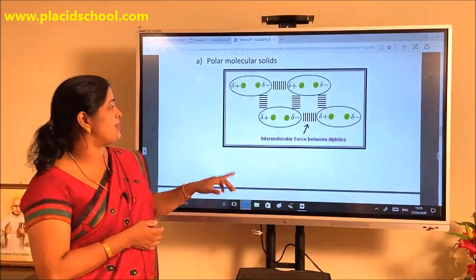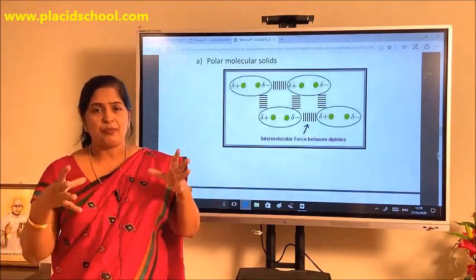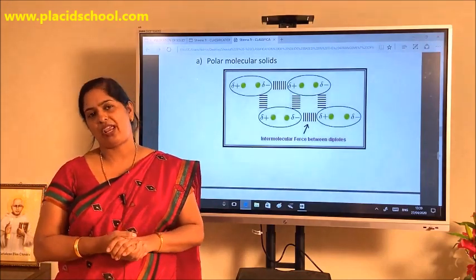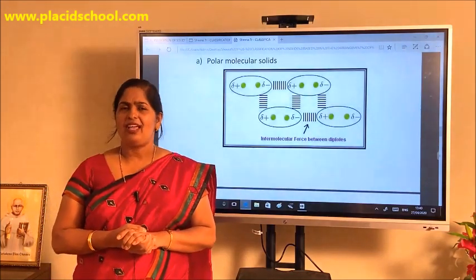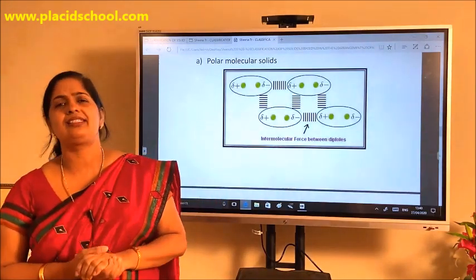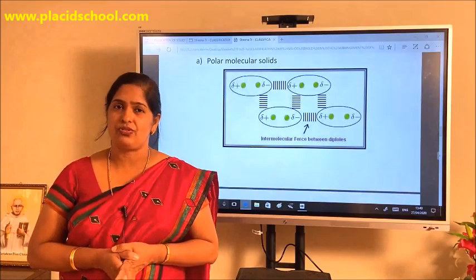The third property is that the intermolecular force of attraction between the particles is dipole-dipole interaction. In class 11, when I taught the lesson states of matter, I told you different types of van der Waals force.